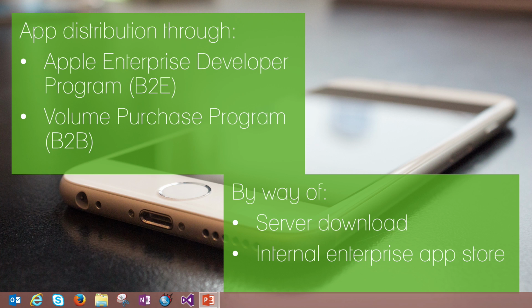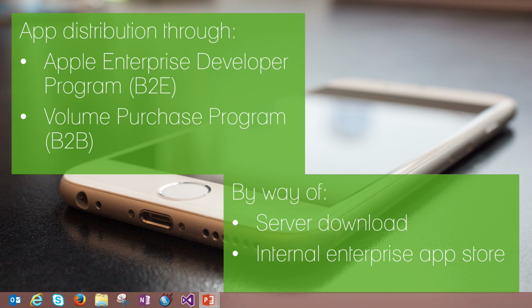Now, for distribution at least, probably the simplest way is to just put it up on a server somewhere and employees can download it with a link. Although, there is a way by going through an MDM vendor where they can streamline the process by way of VPP. A lot of the MDM vendors, in addition to all the other tools they offer, provide an internal enterprise app store.